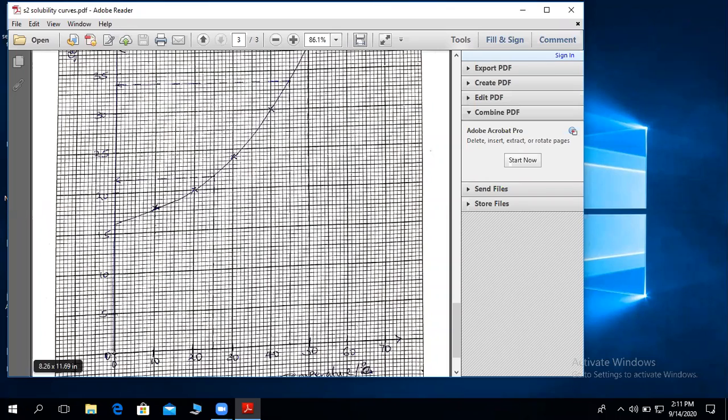If you have put 0 and you have put 10 here, you get 10 and divide by the number of small squares. The number of small squares in 2 centimeters is 10. So you get 1, meaning each small square there will be 1.